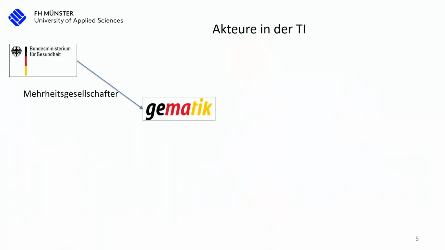Now we look at the actors. Who does what? Where does the telematic infrastructure come from? And of course we have the Ministry of Health. Jens Spahn is the current minister since May of this year. And since then they're actually shareholder with more than 50% of Gematik.